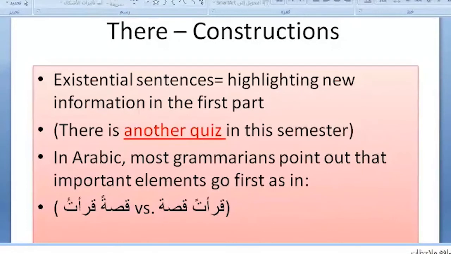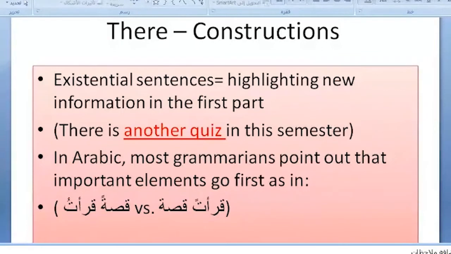So I can say, it was a story that I read. هكذا. هاي وحدة. أعيد. It was a story that I read. مو read. بالماضي read. تلفظ.